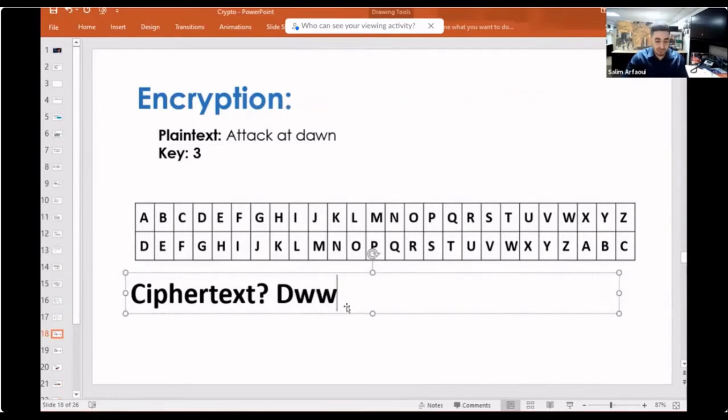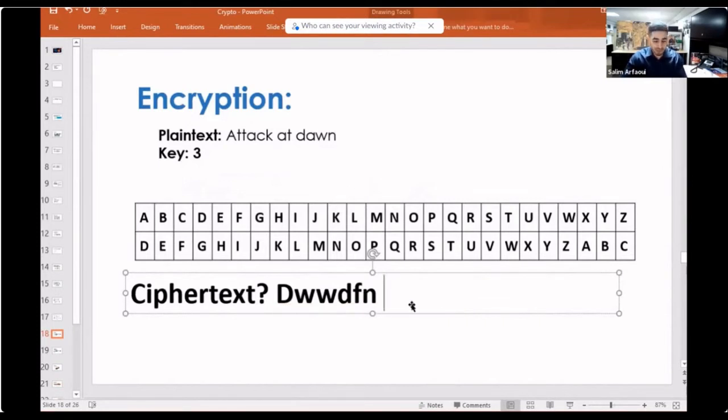And then we have A, which is D. And then C is going to be turned into F. And then K is going to be turned into N. So that's N. You have a space, I could leave a space.